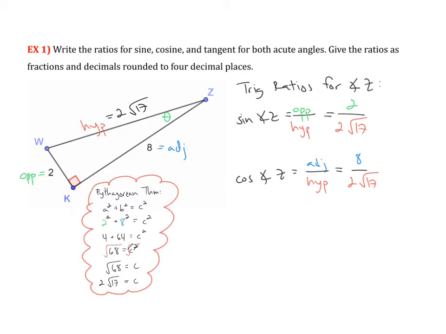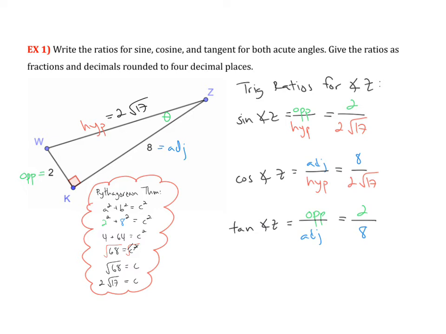All right, and last but not least, we have tangent of angle Z, and this is equal to the opposite leg divided by the adjacent leg. Substituting in, this answer is a little bit cleaner to look at. We got 2 divided by 8. All right, so those are all of our trig ratios for angle Z.